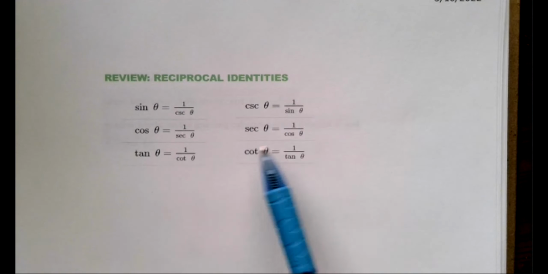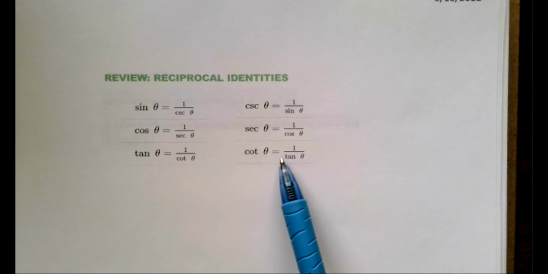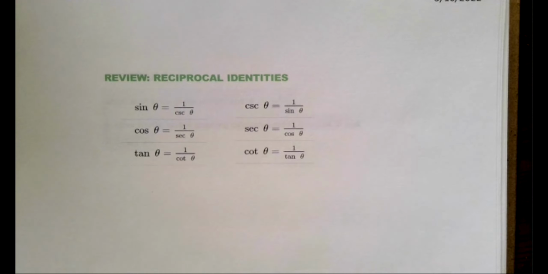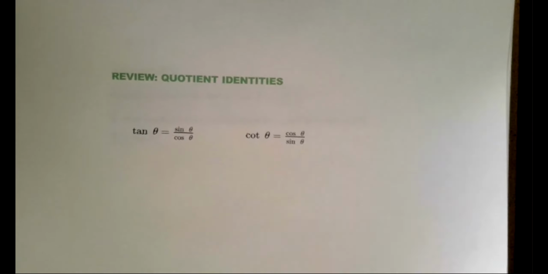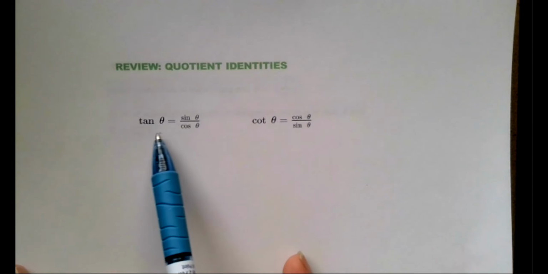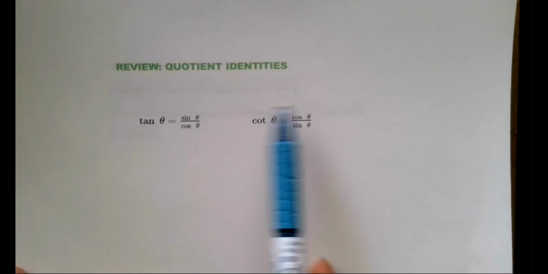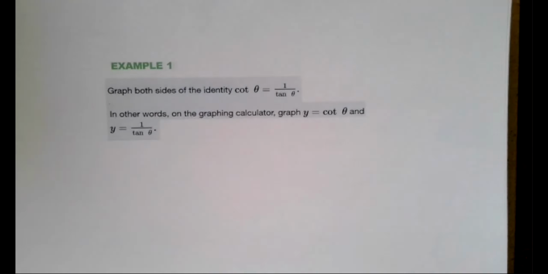Cosine is 1 over secant, secant is 1 over cosine, and tangent is 1 over cotangent, and cotangent is 1 over tangent. Also, keep in mind your quotient identities, we already used them. Tangent theta is sine over cosine, cotangent theta is cosine over sine. We're going to use all of these identities.